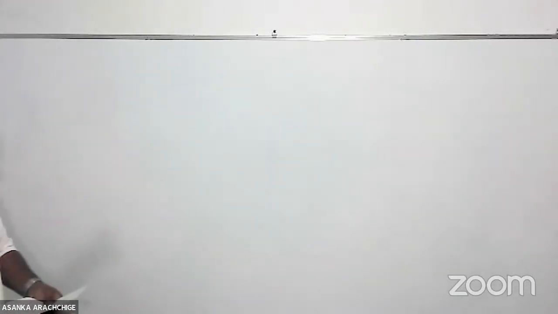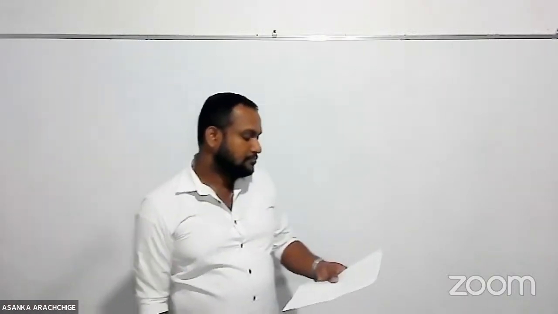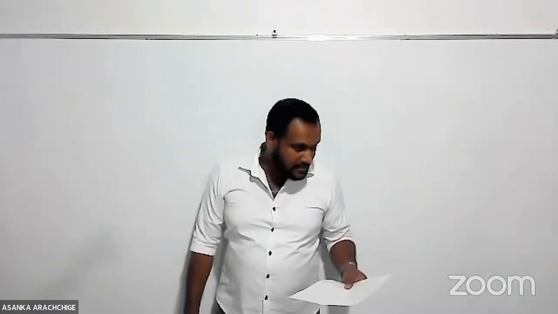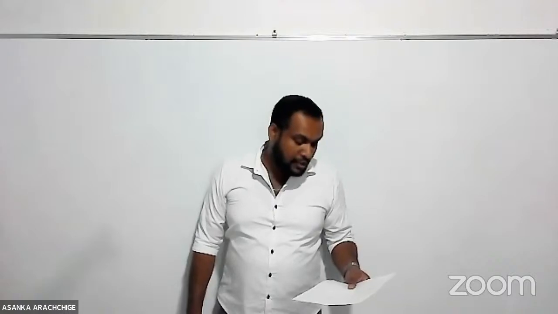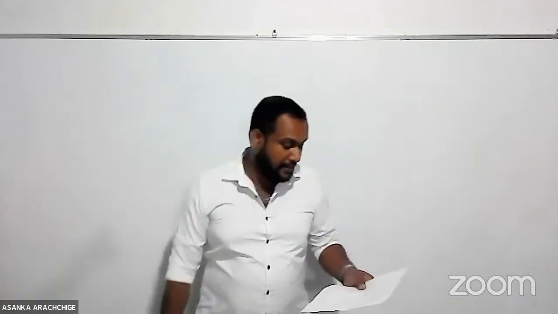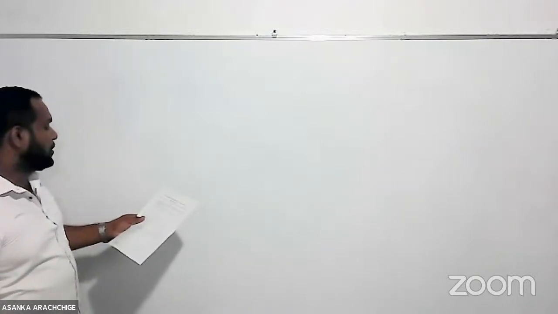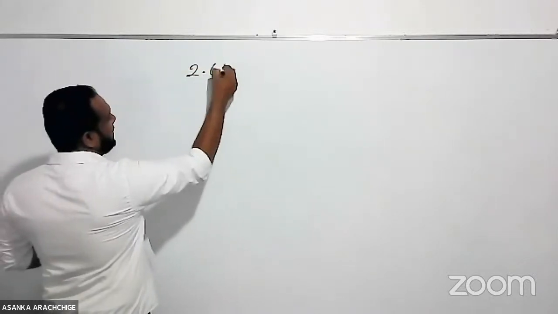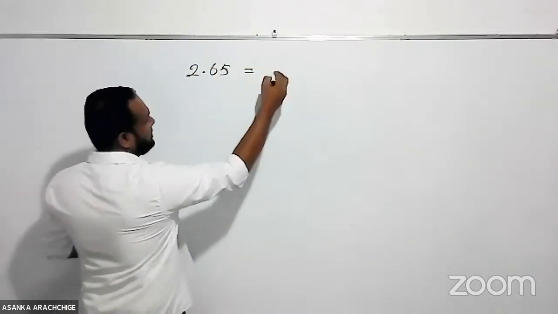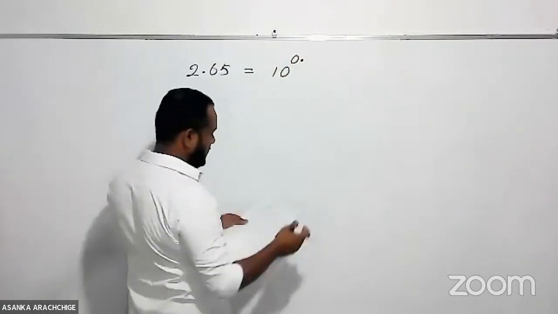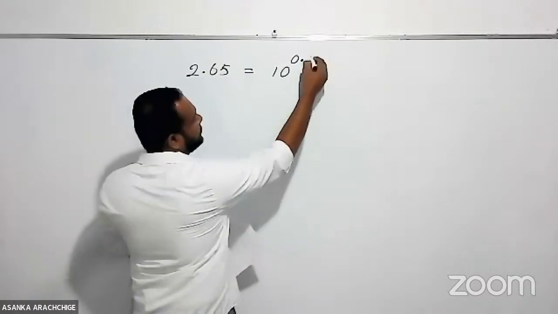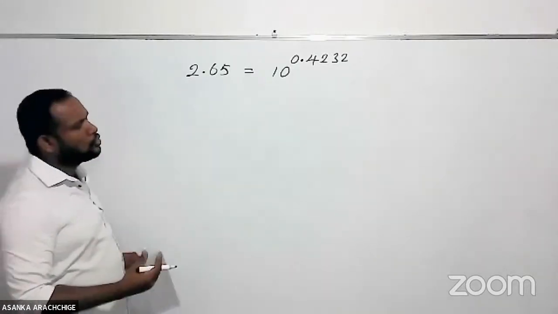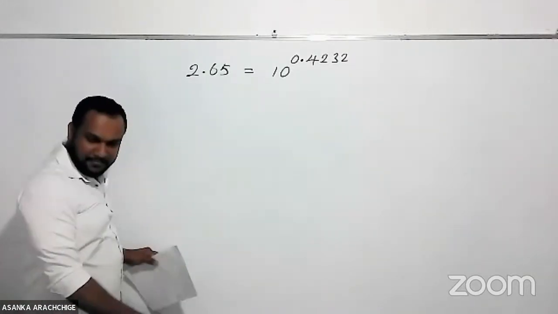Right. The second question. We are given 2.65 as a power of 10. That is 10 to the power 0.4232. Tell me how to convert this into log form.